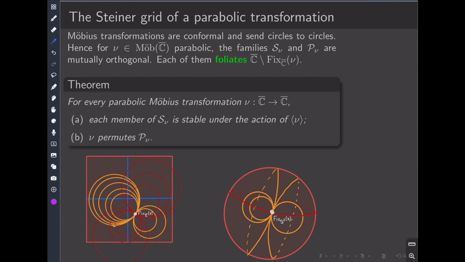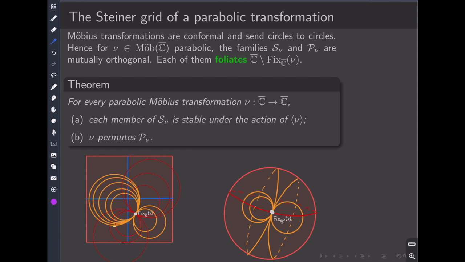And this is because we conjugate in order to see the picture in the situation of a translation, so sending the fixed point of nu to infinity, so that the conjugation is translation by beta, as we said. Each line parallel to beta is preserved by translation, is stable under translation by beta, and then we unconjugate, if you want.